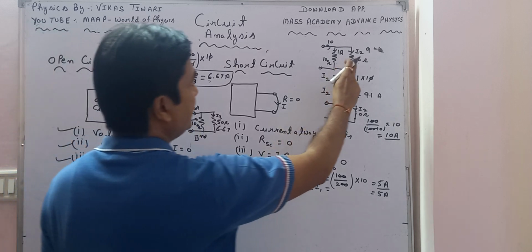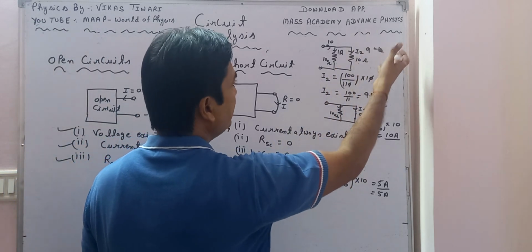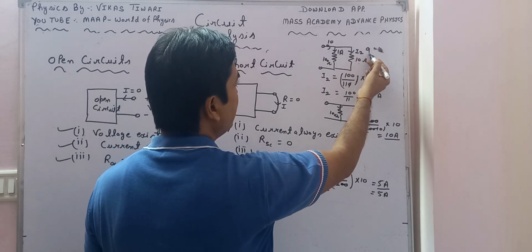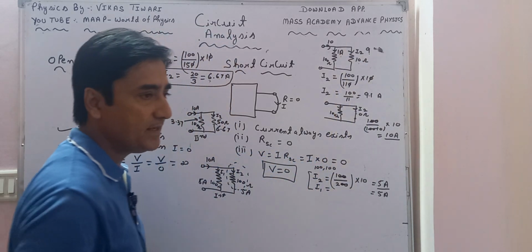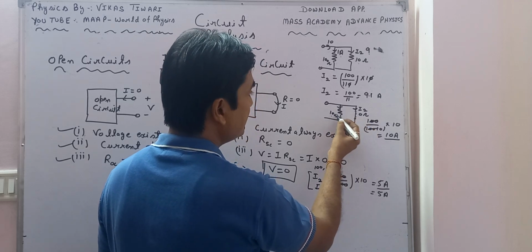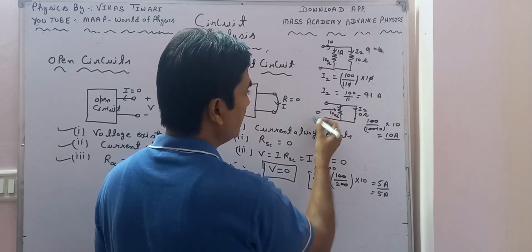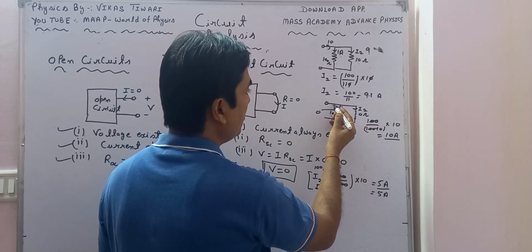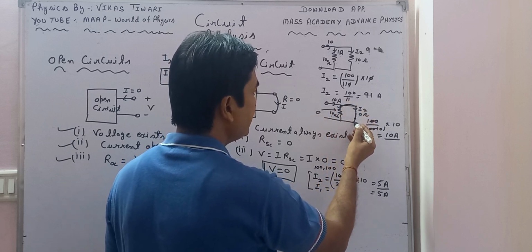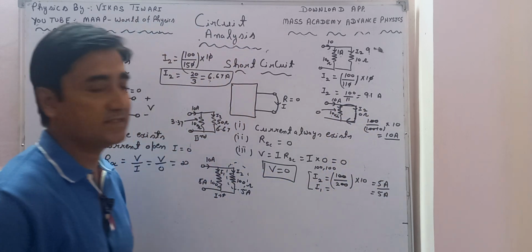In this case the current will be around 9 ampere, maybe something more than 9, but I am just taking approximately 9 ampere, and here it is 1 ampere. And in this particular case the current in this resistance will become 0, because all the current which comes from here has been bypassed through the short circuit.